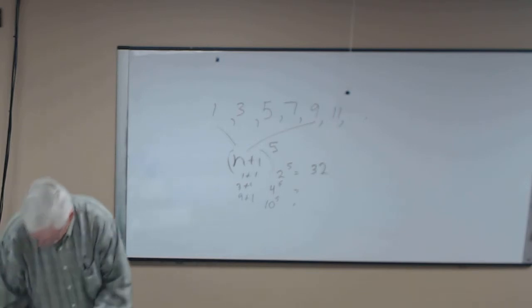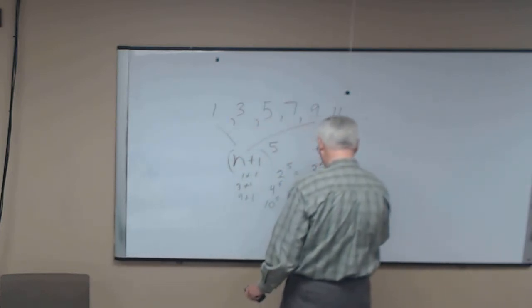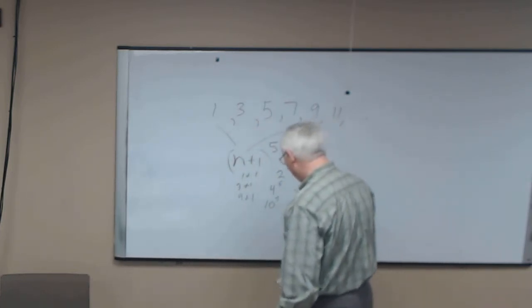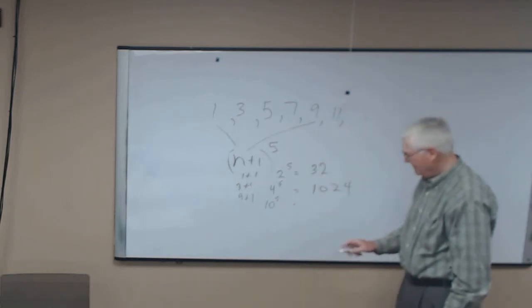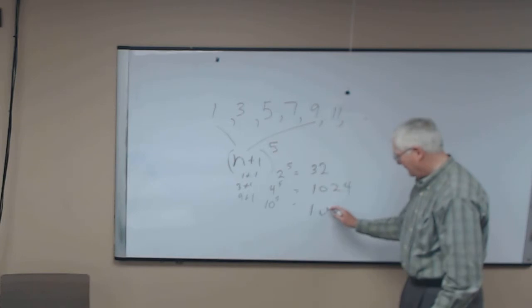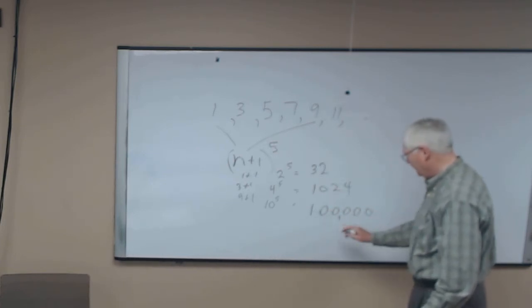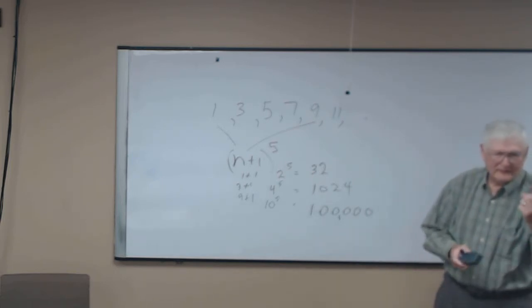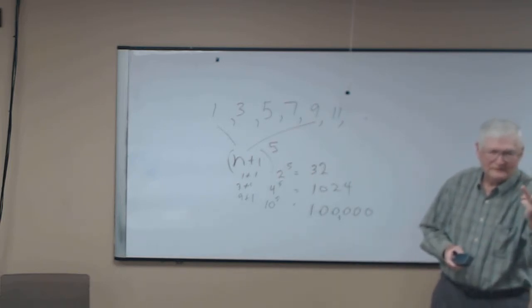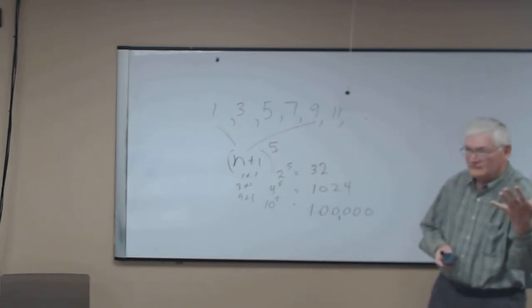Four to the 5th, 1,024. Nine plus 1, 10 to the 5th would be 1 with 5 zeros, 100,000. 10 times 10 is 100, times 10 is 1,000, times 10 is 10,000, times 10 is 100,000.